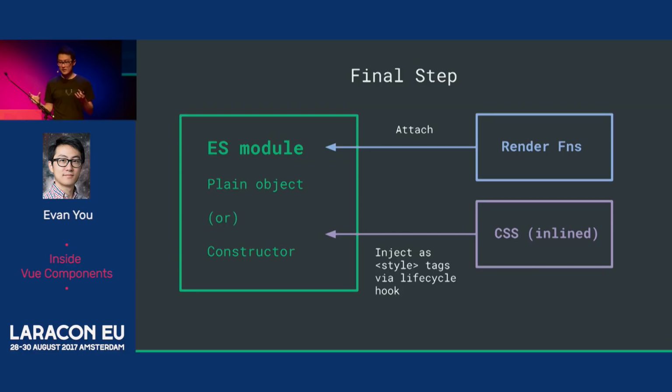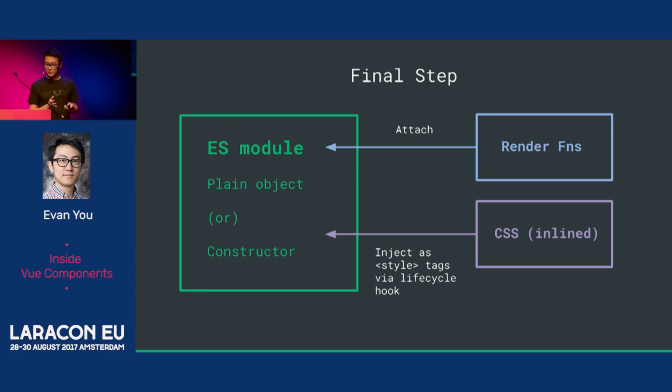So both your template and styles are now JavaScript. Together with your main JavaScript chunk as an ES module, we simply attach the render functions and the inline CSS styles to your main module. And then we have finally completed this whole process and got one single ES module out of a single file component. And it's pure JavaScript.